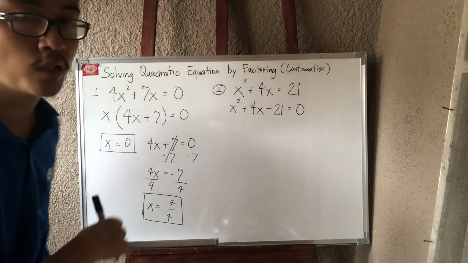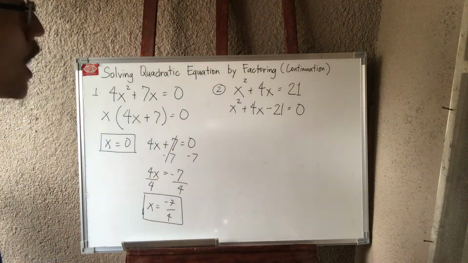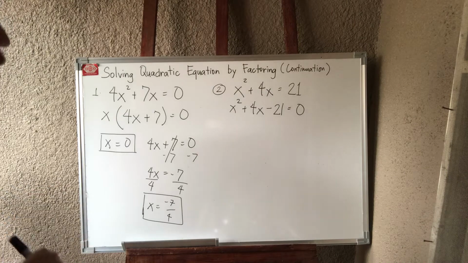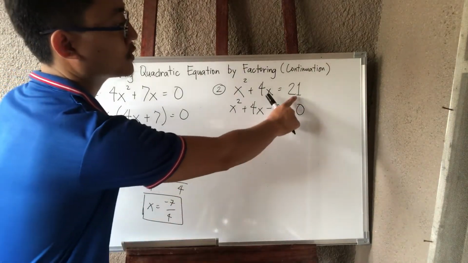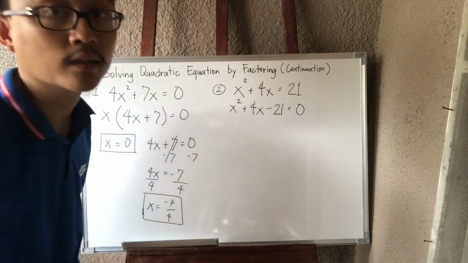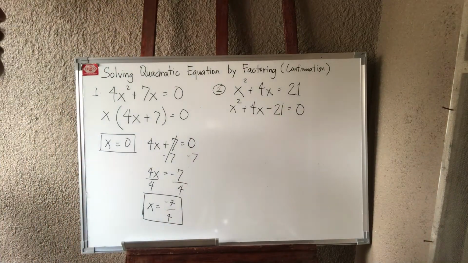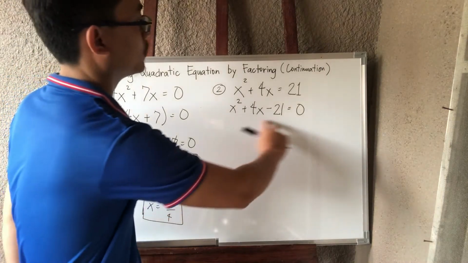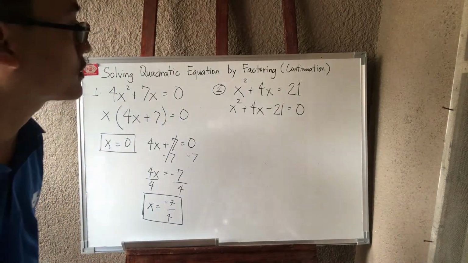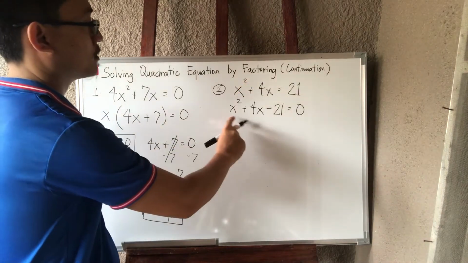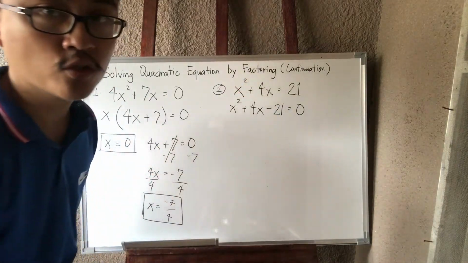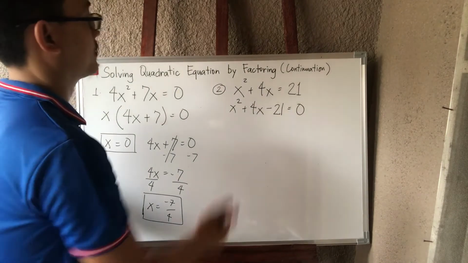I just transposed it to make it easier, but actually, same with number 1, it is also the additive inverse. You add the additive inverse of 21, which is negative 21. So in this case, this is our equation: x squared plus 4x minus 21 equals 0. You can use factoring since the equation is factorable.